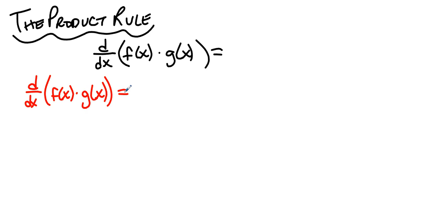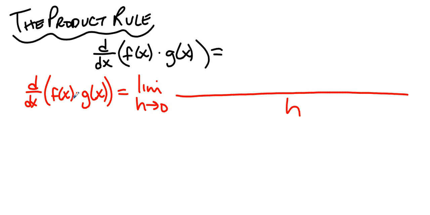Let's take a look at what we mean by the derivative of f times g. Well, that's the limit as h approaches 0 of this at x plus h minus this at x.